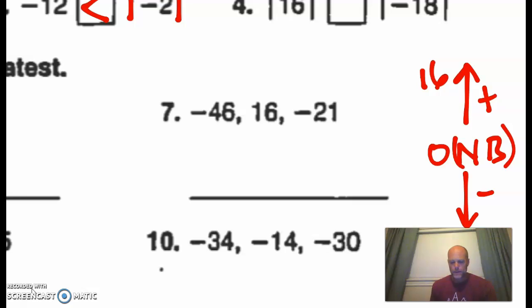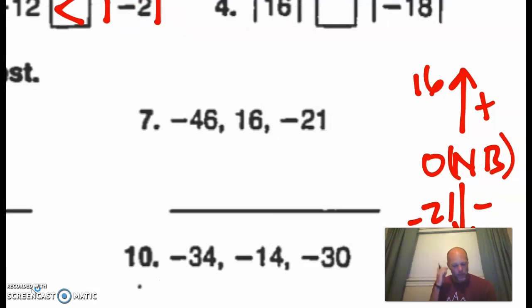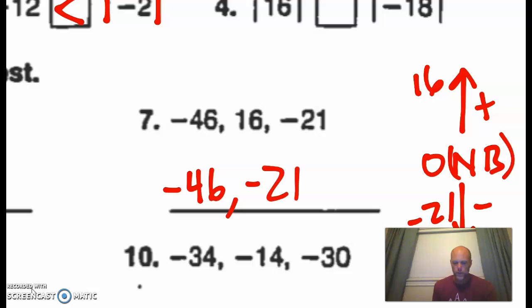So is -21 going to be below -46, or is it going to be in between 0 and -46? Well, it's going to be in between. We are ordering these from least to greatest, so the further below, the smaller it is. So -46, -21, you just work your way up, and +16.